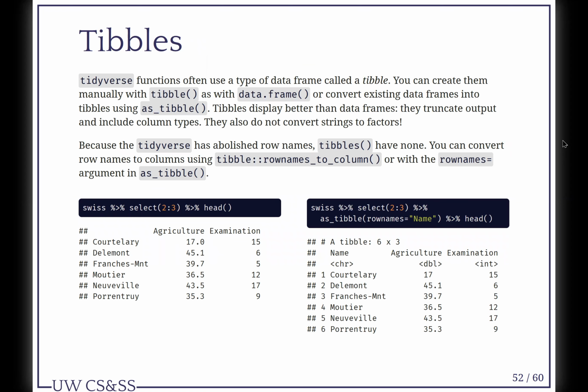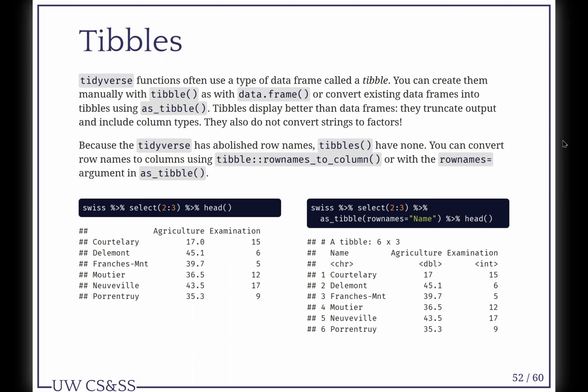But about dplyr, a little bit about tibbles. So tidyverse functions often use a type of data frame that's called a tibble. You can create them manually using the tibble function, just like you can use data.frame to make a data frame. Or you can convert existing data frames into tibbles using as_tibble. Tibbles tend to display better than data frames.